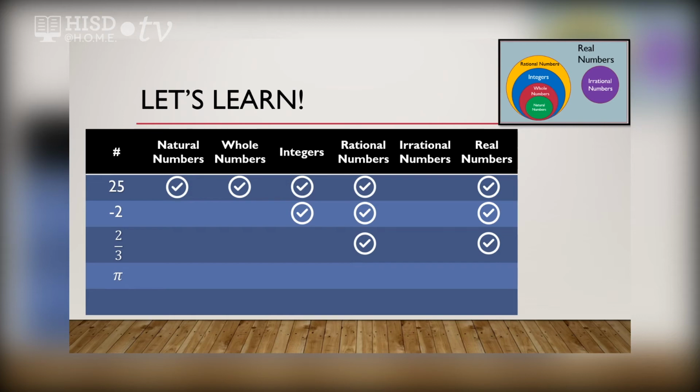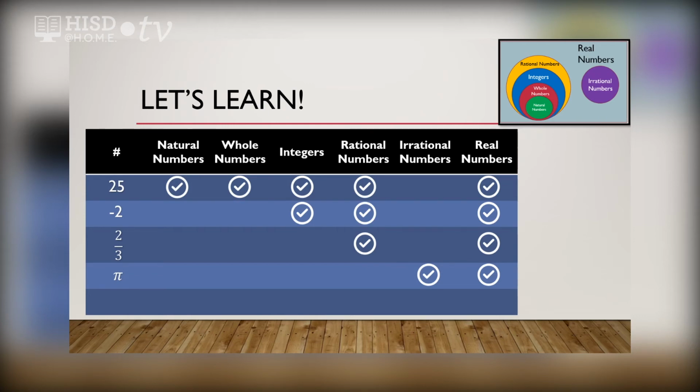So if we have what we call a non-terminating decimal, that means that this number is an irrational number. And of course, if we see our Venn diagram, the irrational number is only inside of the big rectangle that is the real numbers. So pi is going to be only part of the irrational numbers and the real numbers.